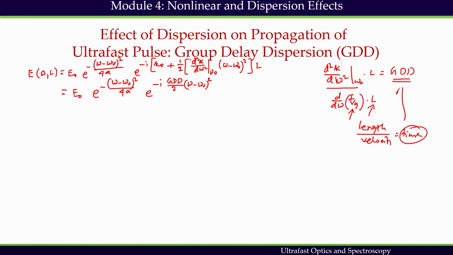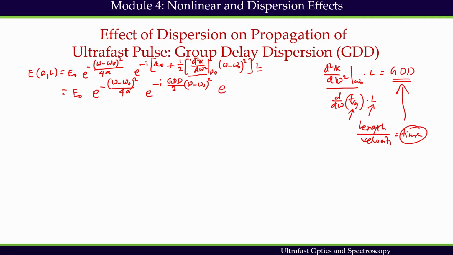So GDD represents group delay dispersion, and it expresses a certain kind of time. What I have done here is write this multiplied term as GDD divided by 2, this half coming here, and then (omega minus omega naught) square remaining as in the previous expression.